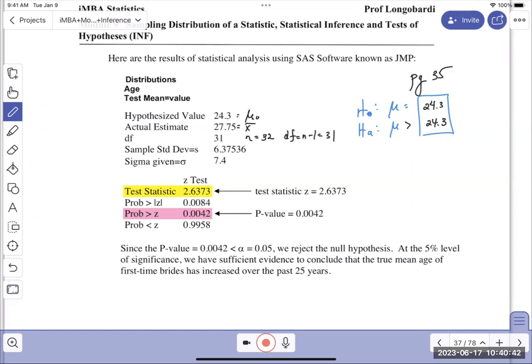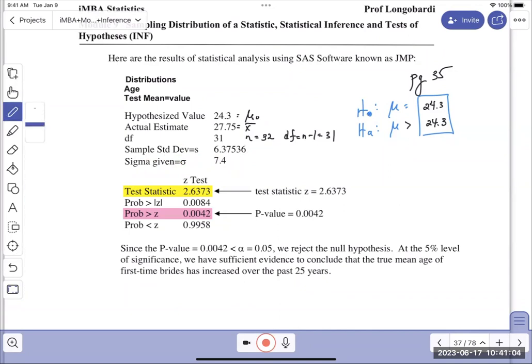We're going to talk more about that when we get to doing the test when sigma is unknown, but they put it here. It's just output that generates. Now they tell you this is S, the sample standard deviation, and they give you sigma, 7.4.